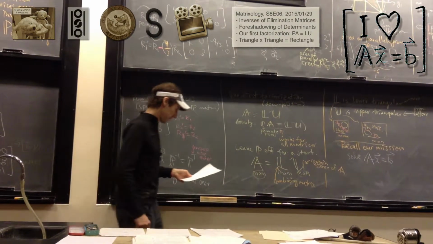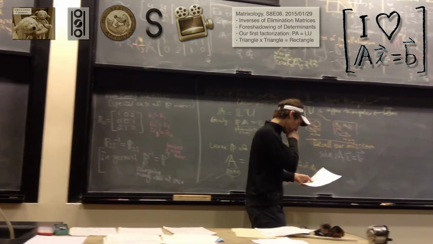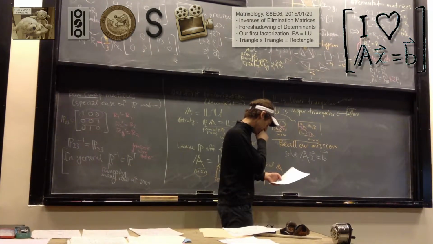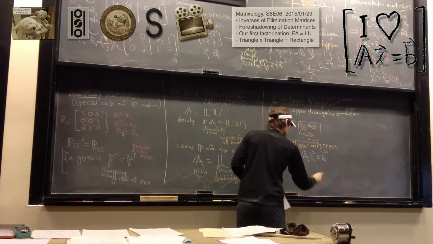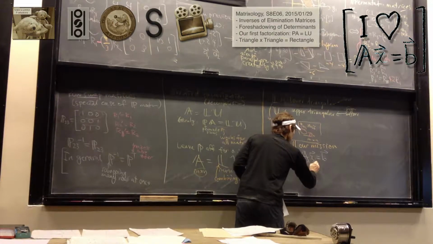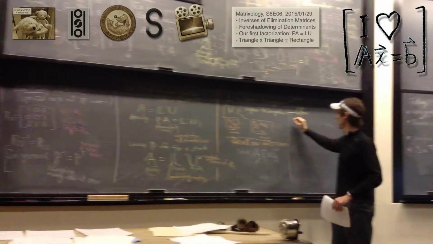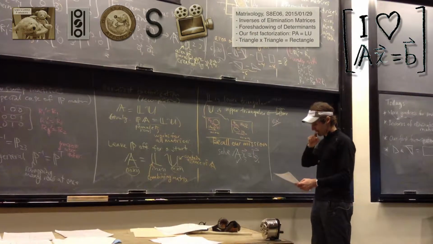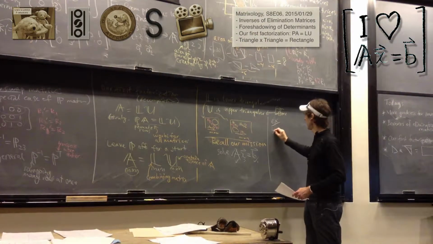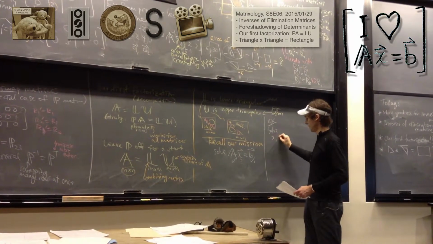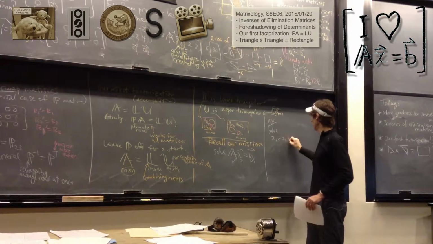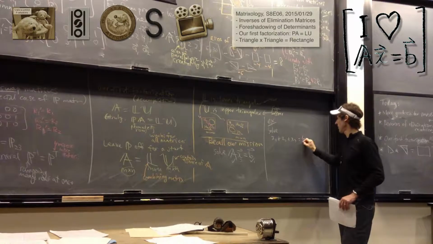Okay, so let's do our thing. Let's have an example. Yep, this is our mission. And again, this is known, unknown, known. That's how it works. So here is an example we're going to work through. Solve this: x1 plus x2 plus x3 equals 5.